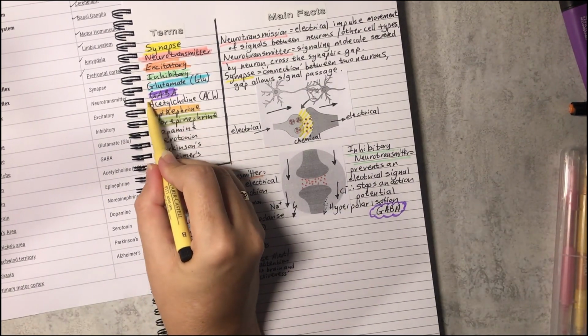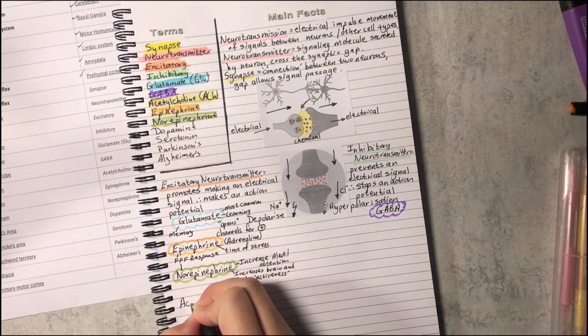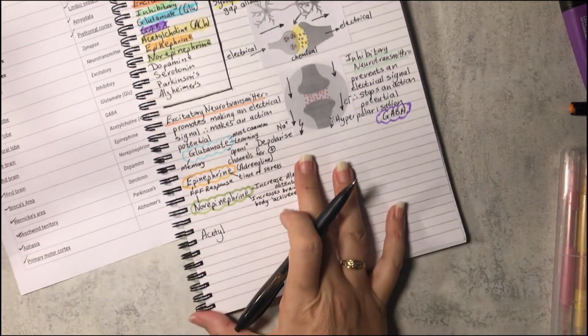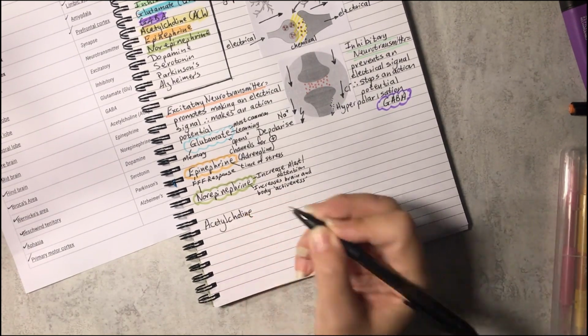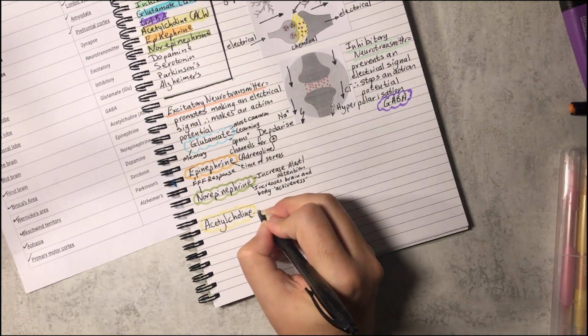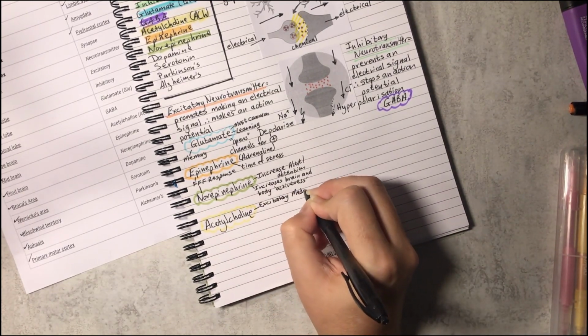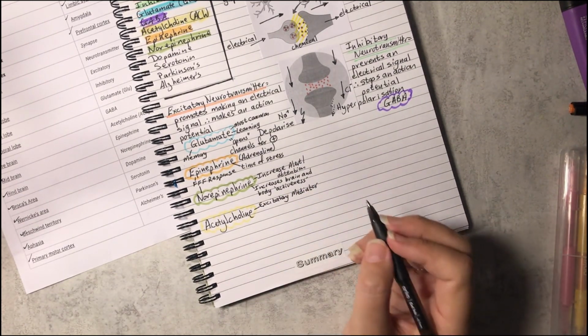Then the last one that we can put under this side is the acetylcholine. Now here as well, when you start doing your own research, you'll notice that often it is referred to as an excitatory mediator, so kind of helping the other excitatory neurotransmitters.